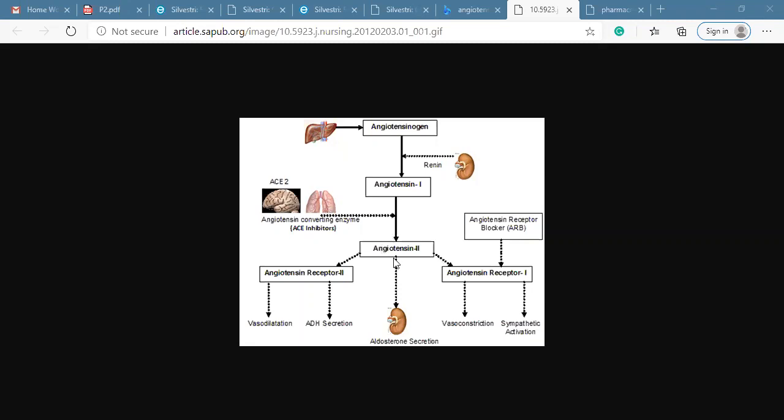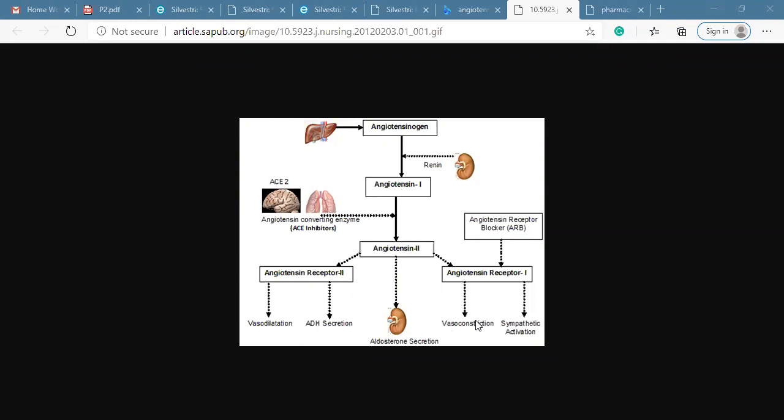Angiotensin 2 also has an effect on angiotensin receptor 1, causing vasoconstriction and also sympathetic activation, right? So now a question comes. Angiotensinogen converts to angiotensin 1, angiotensin 1 converts to angiotensin 2, and angiotensin 2 working on angiotensin receptor 1 causes vasoconstriction.